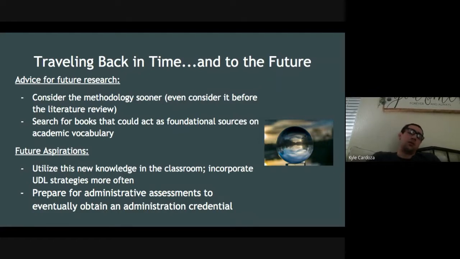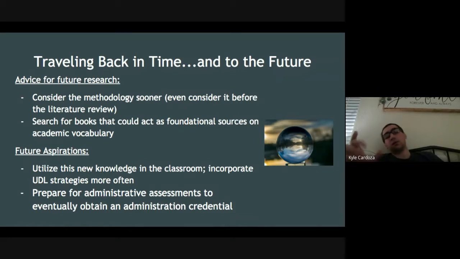And then, as I mentioned earlier, I was able to obtain some foundational sources on UDL and academic vocabulary, but I feel like books definitely are useful because they provide a published resource of sometimes 200 to 300 pages.